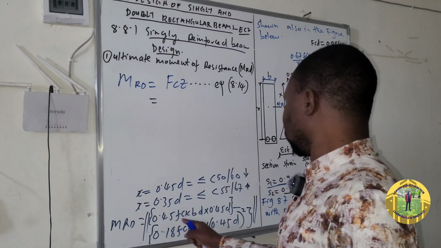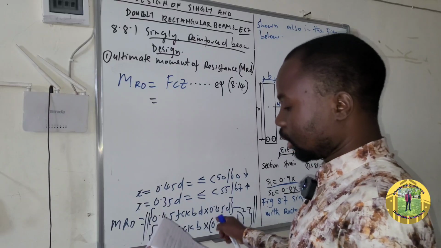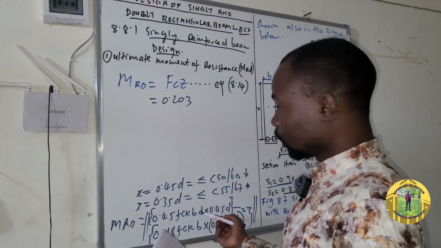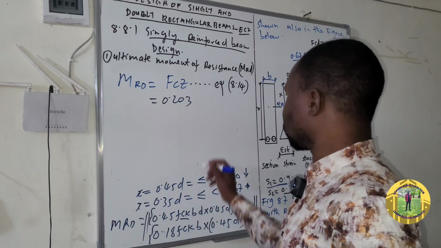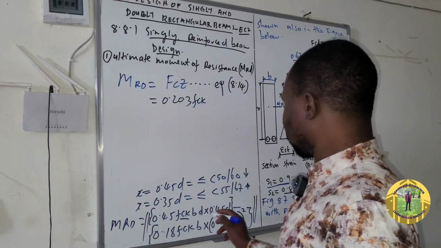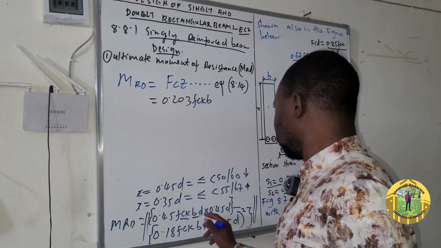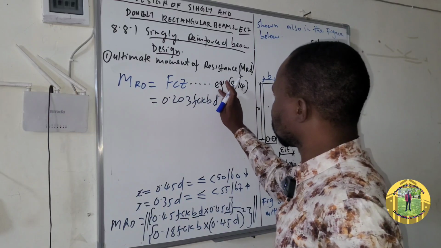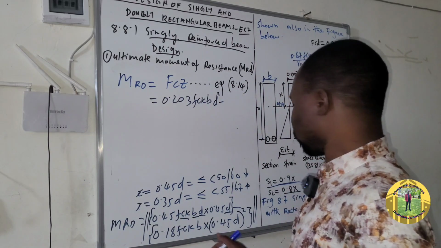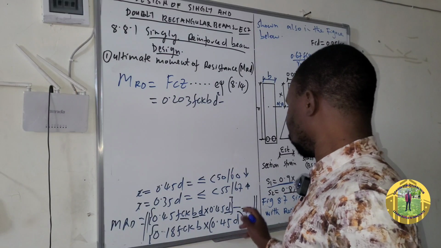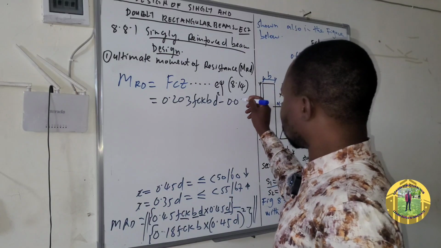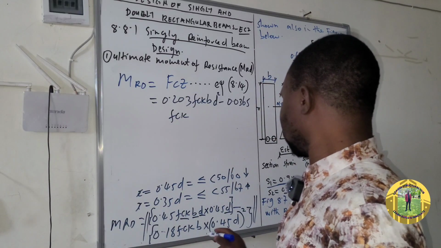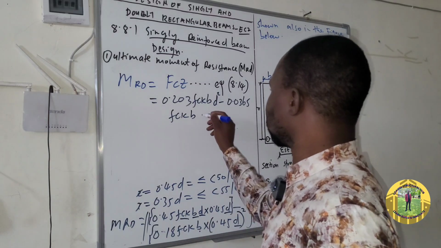So 0.45 times 0.45, you will get 0.203 FCK B, and then D times D is D square, minus 0.18 times 0.45 square, you will get 0.0365 FCK B, then D square.